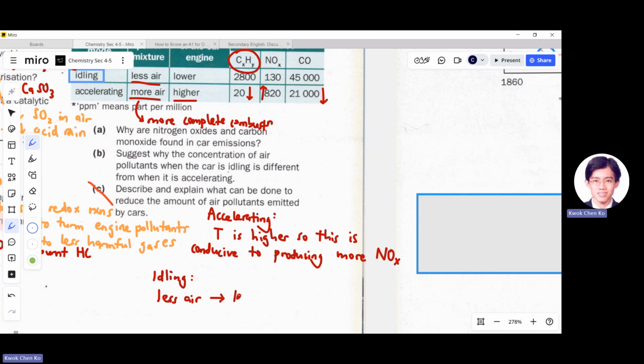That means you have less oxygen, and that means less complete combustion, and therefore more CO and unburned hydrocarbons.